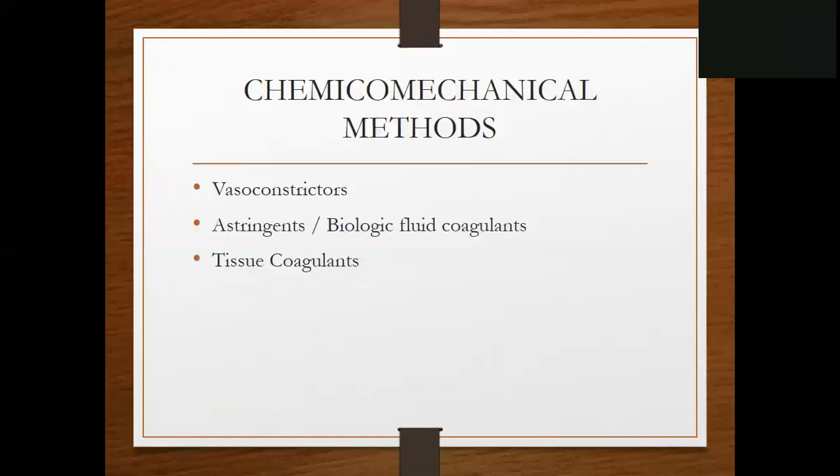The second technique is the chemico-mechanical method, that is by using chemicals. What are the chemicals that we are using? We use the vasoconstrictors, astringents, and tissue coagulants. The astringents are otherwise called the biologic fluid coagulants, of which the astringents are more used when compared to the vasoconstrictors and tissue coagulants.